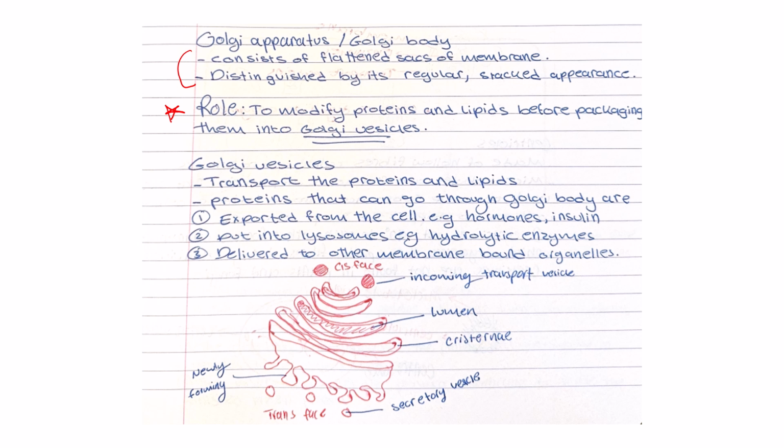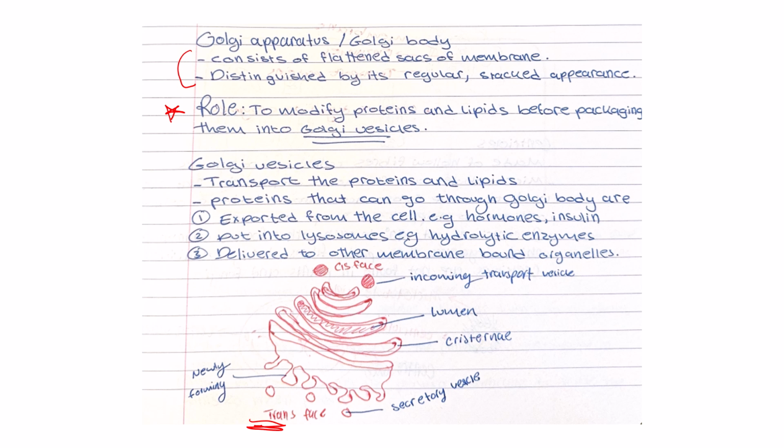So we have proteins that enter the Golgi body through the cis face. They're going to go through a series of modifications, and then they're going to be packaged. So over here in the trans face, they're going to be packaged into vesicles. Now these vesicles can contain hormones or enzymes.